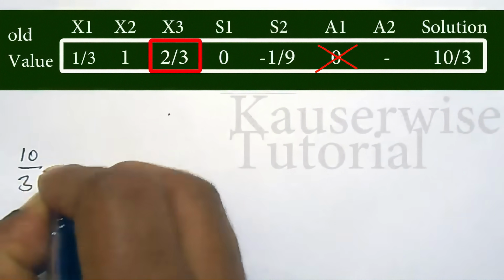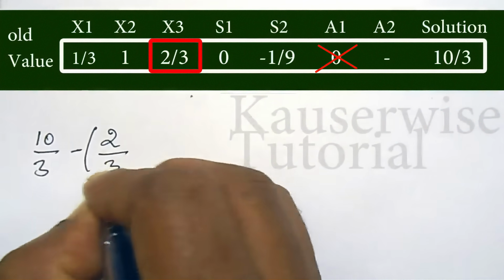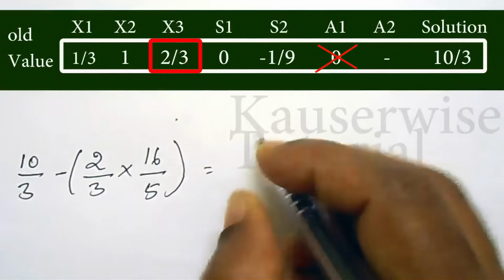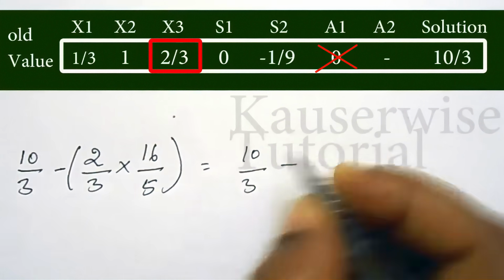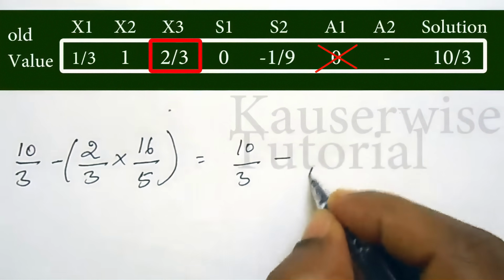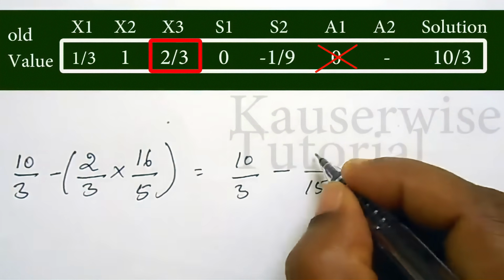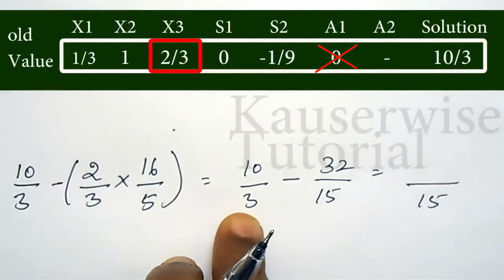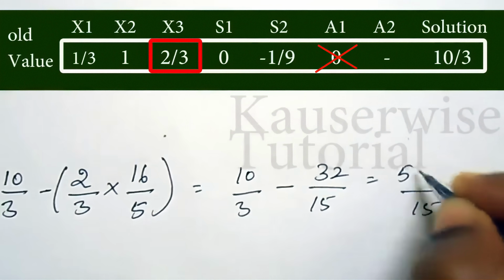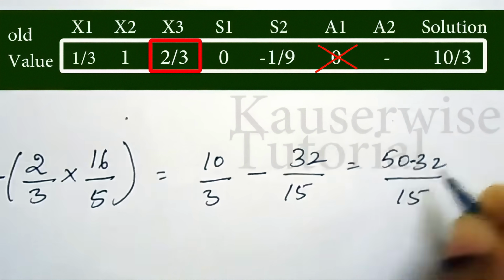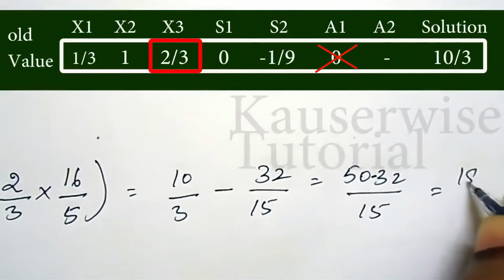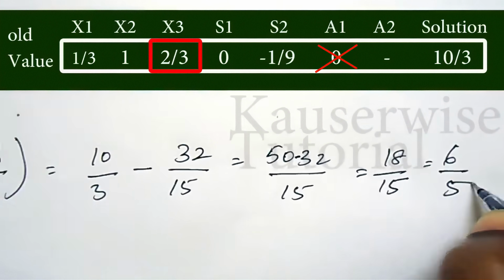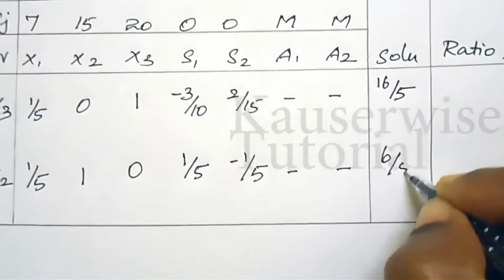That is 10 by 3 minus 32 by 15. LCM is 15: 5 times 10 is 50, 50 minus 32 is equal to 18 by 15, or 6 by 5. The answer is 6 by 5.